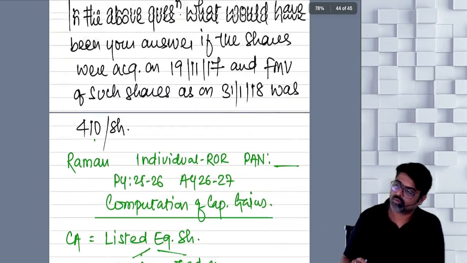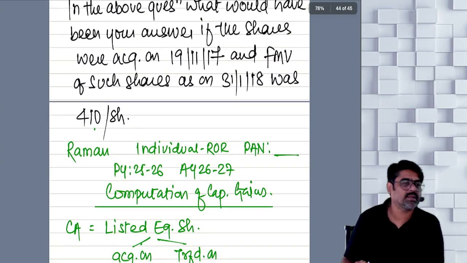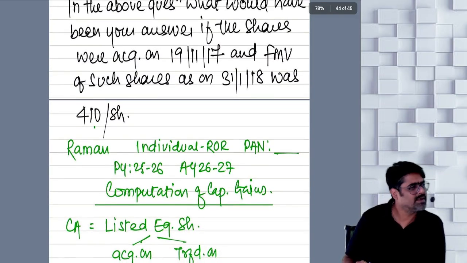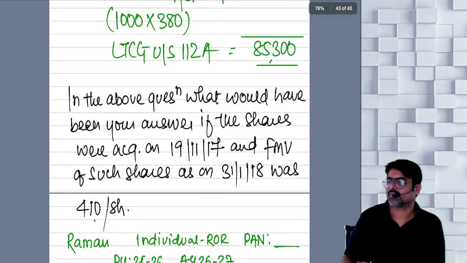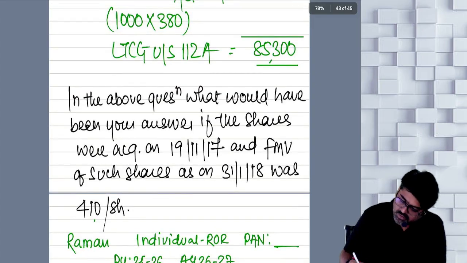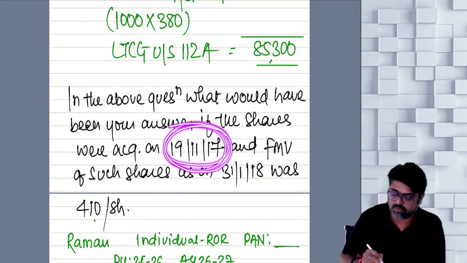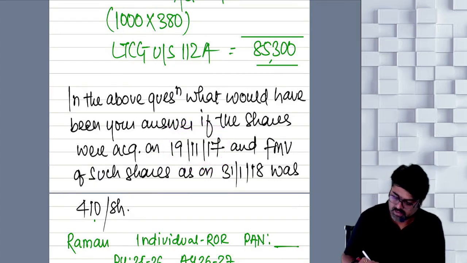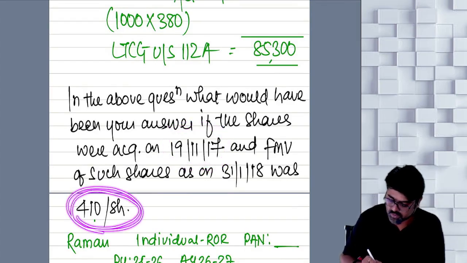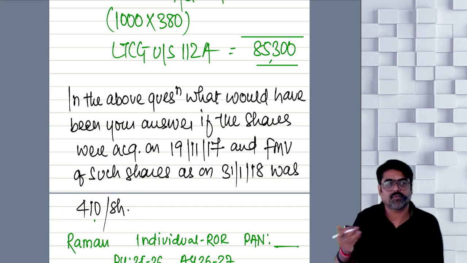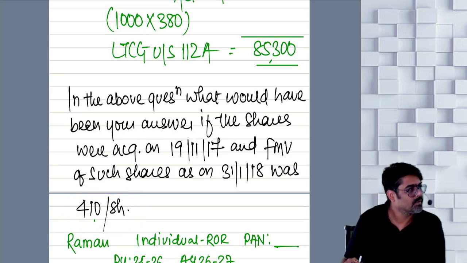Now in this same question, can we twist the information a little bit? The date of acquisition and date of transfer we will keep the same. But instead of the fair market value being 410, we'll change it and take the fair market value as 500 rupees per share.